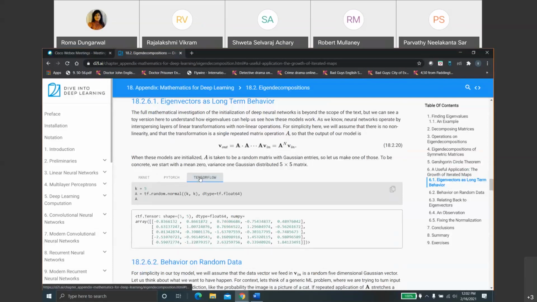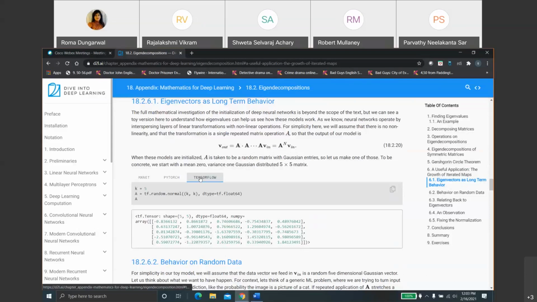Consider I did not set the seed and I initialize a 3x3 matrix. The first time I run the code, it will be 1, 2, 3, 4, 5, 6, 7, 8, 9. But it is possible that I stop it and rerun the code a second time, and the matrix can change. It can be 12, 14, 15, 16, 17, 18, 19, 20. So to ensure that every time we run the program the A matrix has the same value, we set a seed.